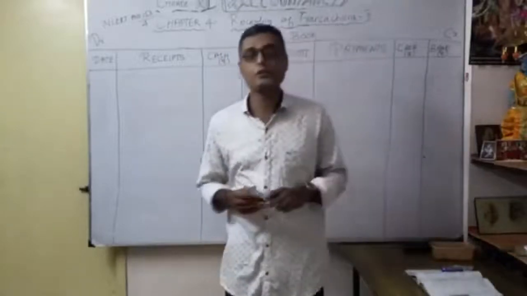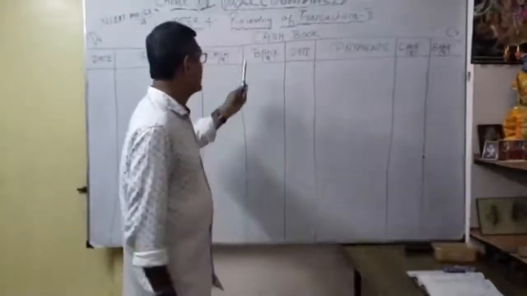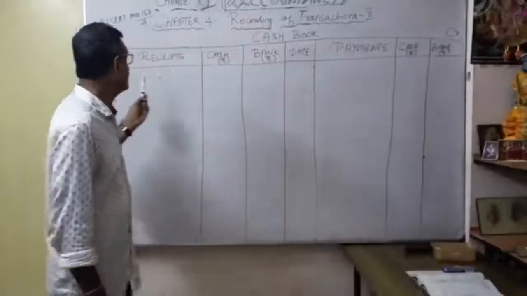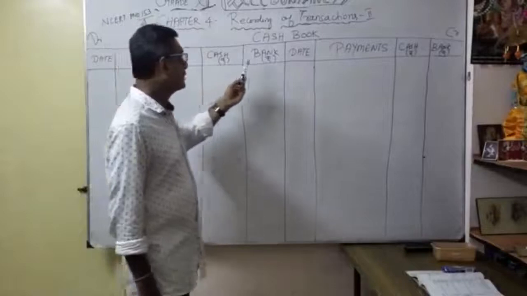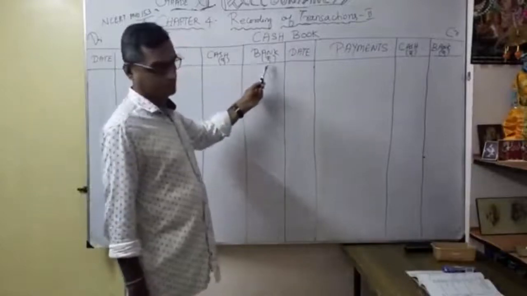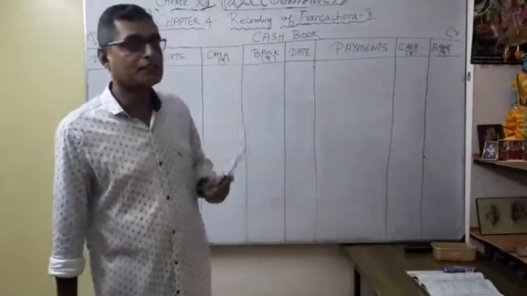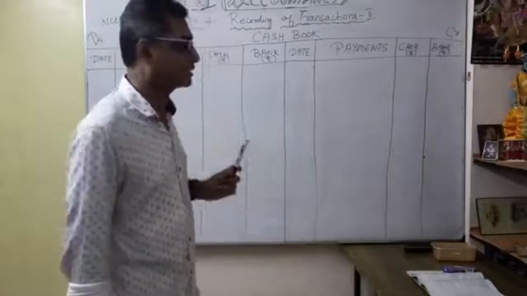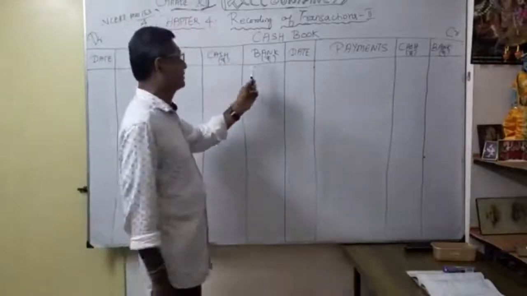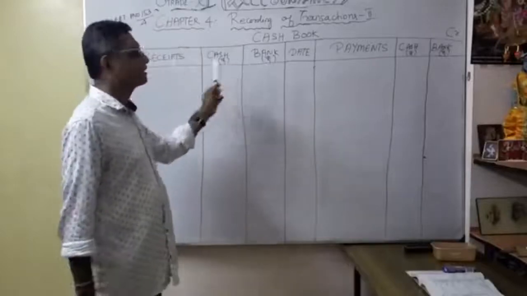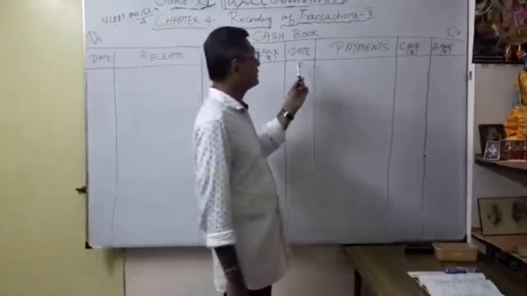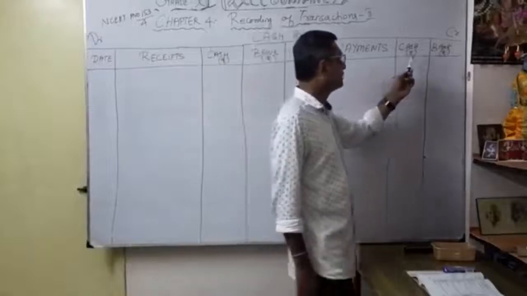Now see the format. In a cash book, you mention the date, debit side, receipts, then cash and bank columns. Previously we discussed only the single column cash book, only cash transactions. Here, cash and bank, that is called double column cash book or two-sided cash book. Then date, payments, again cash and bank, on the credit side.